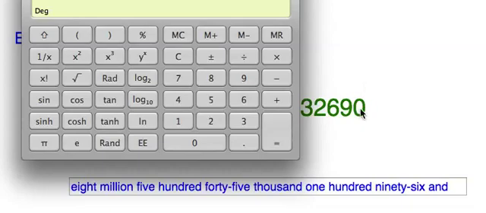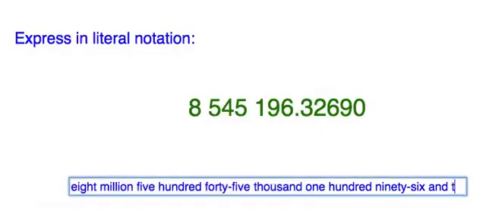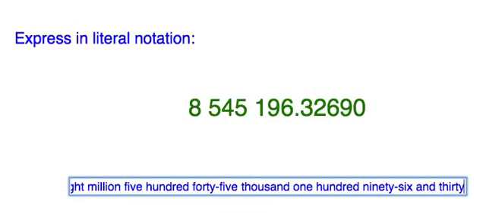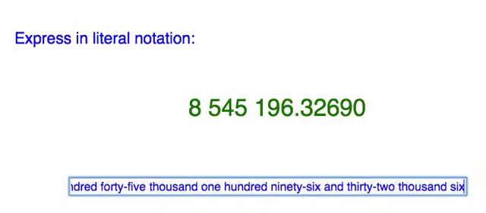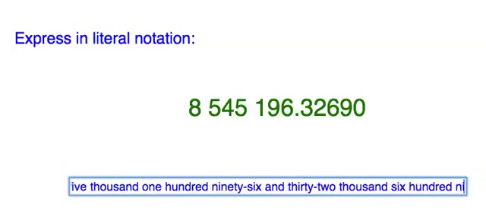So the 0 is in the ones place, the 9 is in the tens, the 6 is in the hundreds, the 2 is in the thousands, and the 3 is in the ten-thousands. So that makes the 32 in the thousands block and the 690 in the ones block. So I'm going to read that as 32,690.